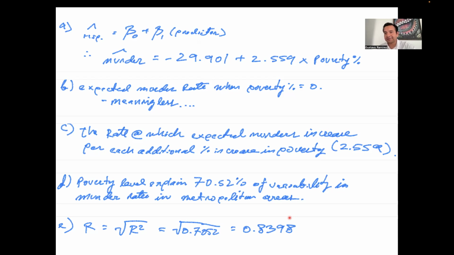So this means that we're actually working with an incredibly strong predictor if 70% of the variability in the murder rate is captured by just this one predictor. That is an indication of this linear model being quite strong.